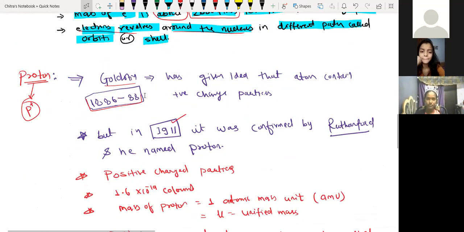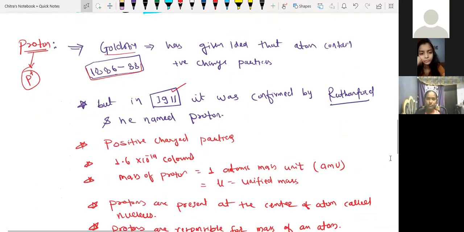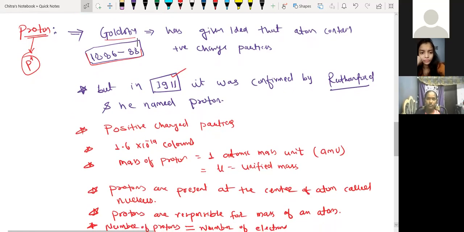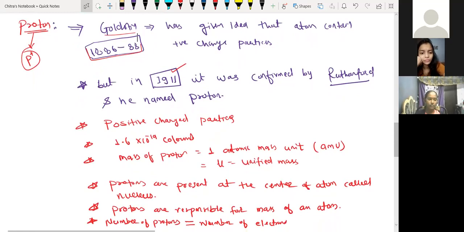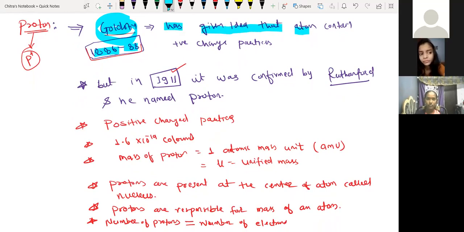After the electron, we discuss the proton. The proton is the second subatomic particle. It was discovered by Goldstein in 1886 to 88, who gave the idea that the atom also contains positively charged particles.